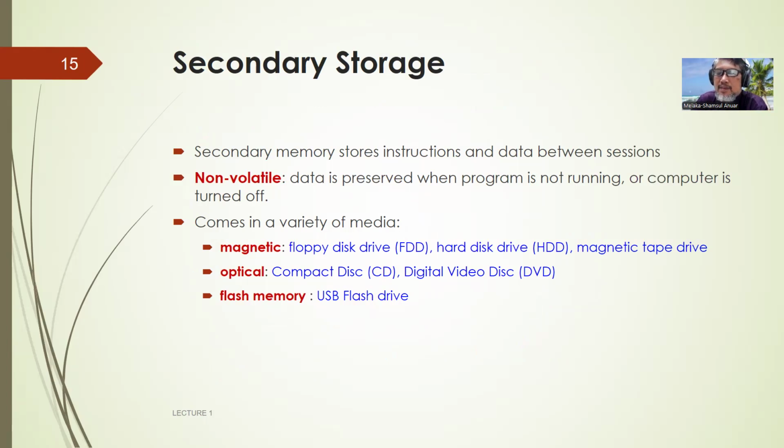Secondary memory stores instructions and data between sessions. It is non-volatile: data is preserved when the program is not running or the computer is turned off. Some information is kept even if the computer is turned off, such as the time.